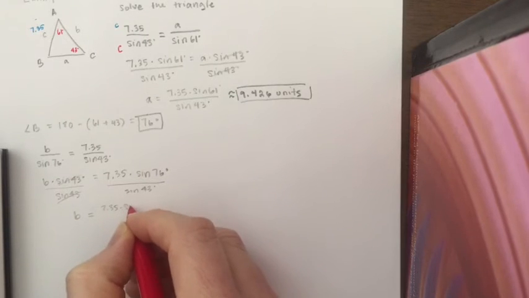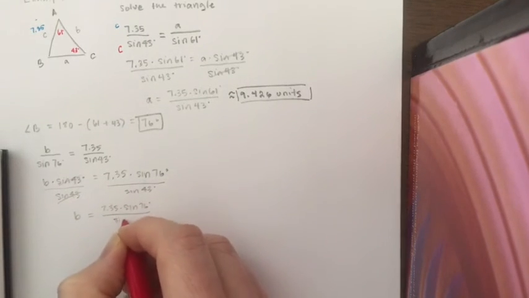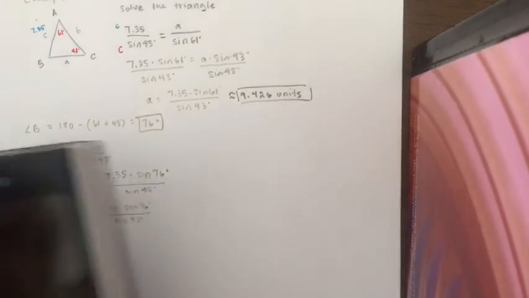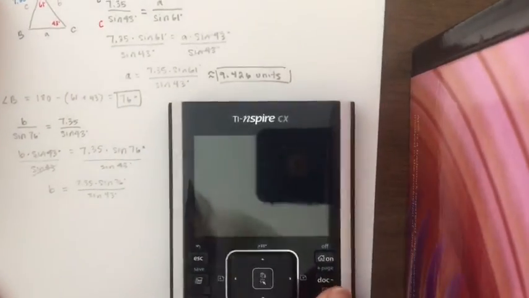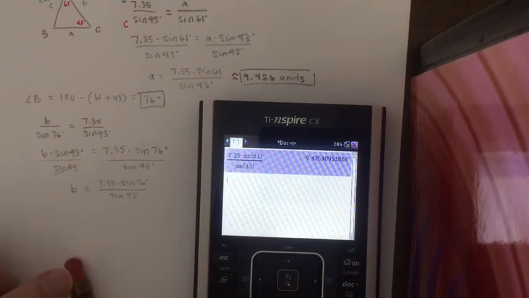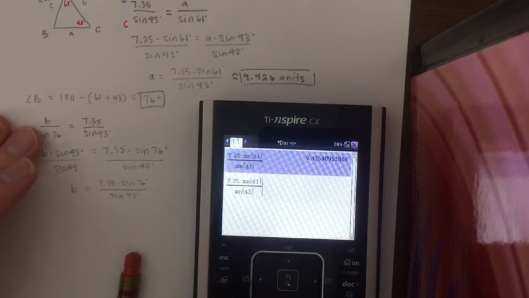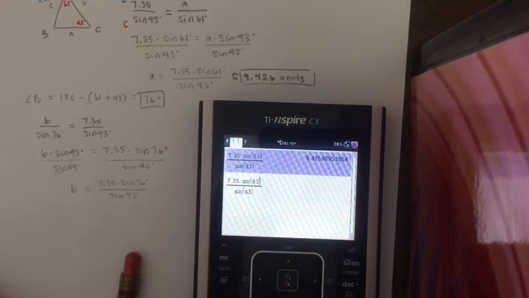7.35 times the sine of 76 degrees divided by the sine of 43 degrees. Again, make sure your calculator is in degrees. If you used the law of sines last time, you could just go up and copy it and change the numbers around, or you could type it all in again.